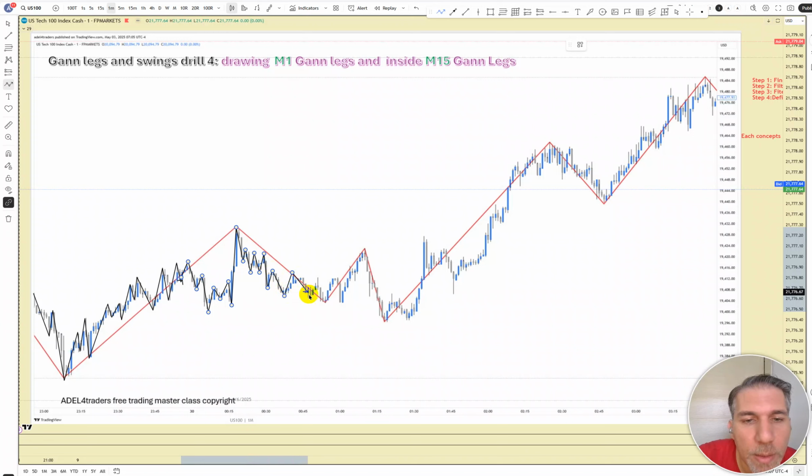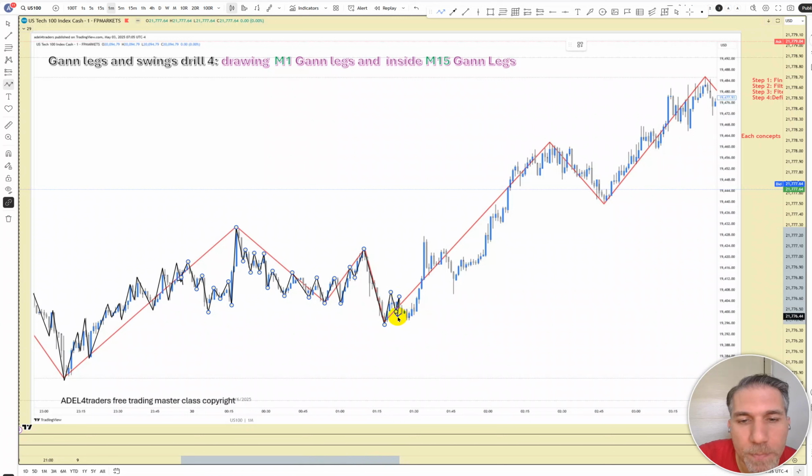Now, if you have difficulty identifying this, sometimes you need to apply some slight discretion in order to have smoother leg counting.